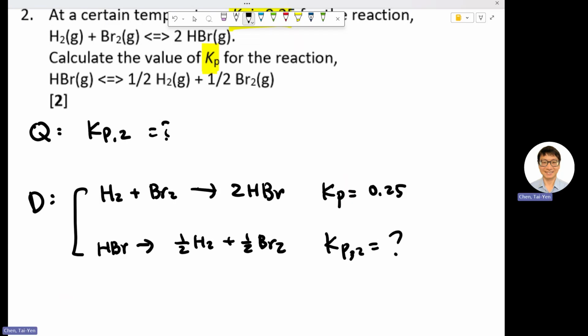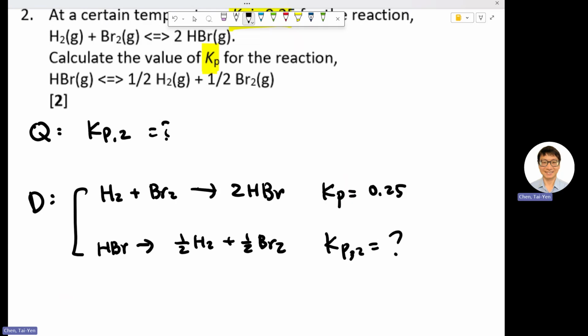Every time you handle this question, you want to see how you can go from the given equation to your target equation. The first thing to see is, do we flip the reaction? Does the reactant become product and the product become reactant in this case? It does.